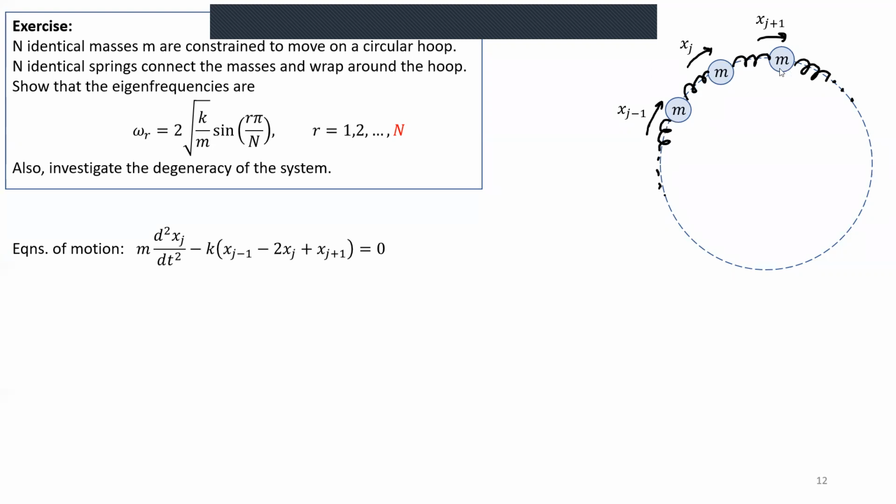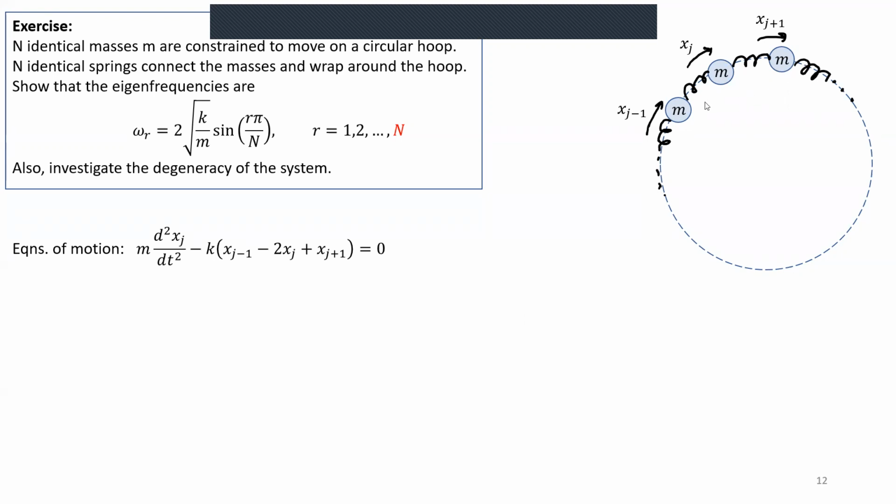So again, it is an n-particle system, but this time it's not in this linear configuration. Instead, they are all moving on the same circular hoop, just like the first system in this part of the chapter. At that time we had 3 masses on a circular hoop. So now we have n.